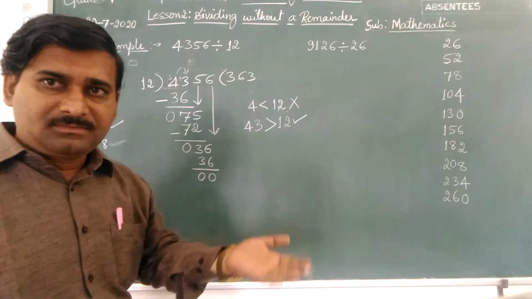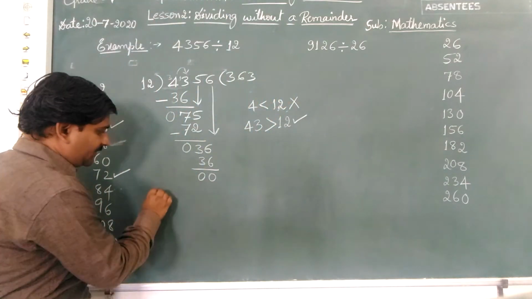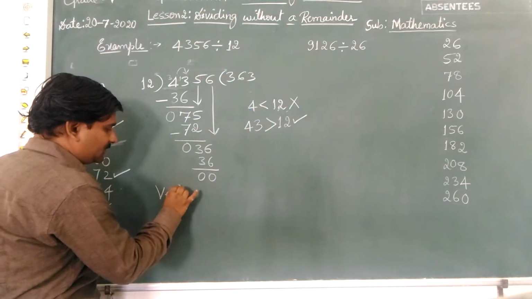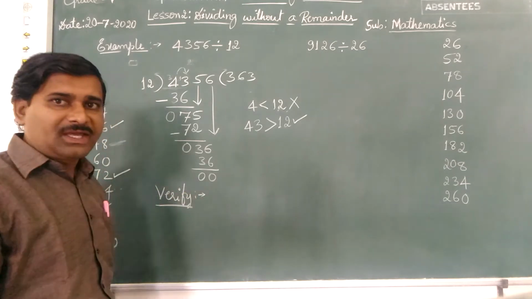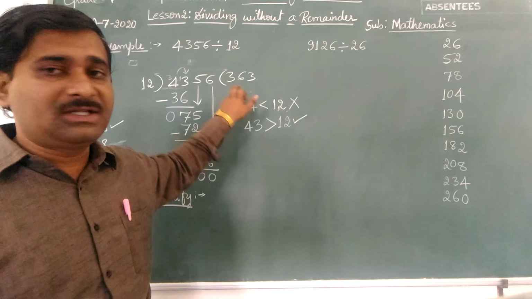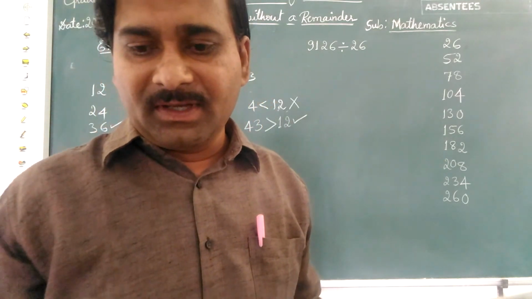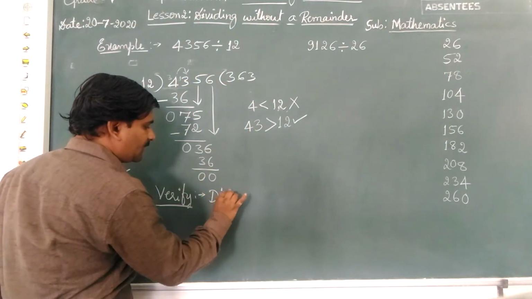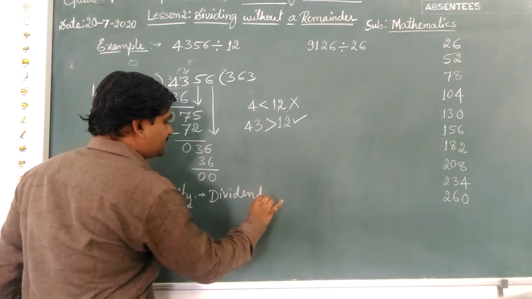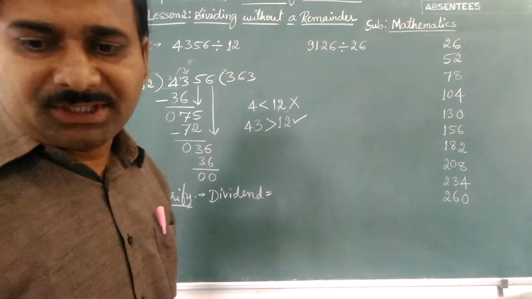In your worksheet and in your lesson, it is asked to verify your answer. We can verify whether we got this answer correct or not by using a formula. Dividend is equal to divisor into quotient.